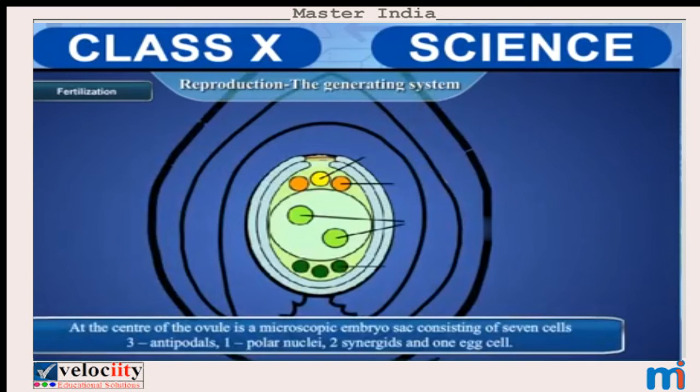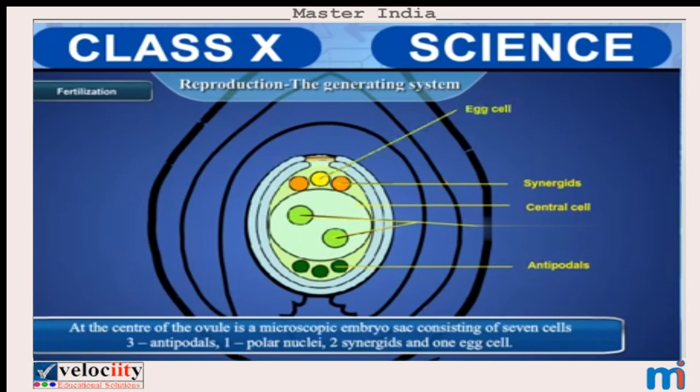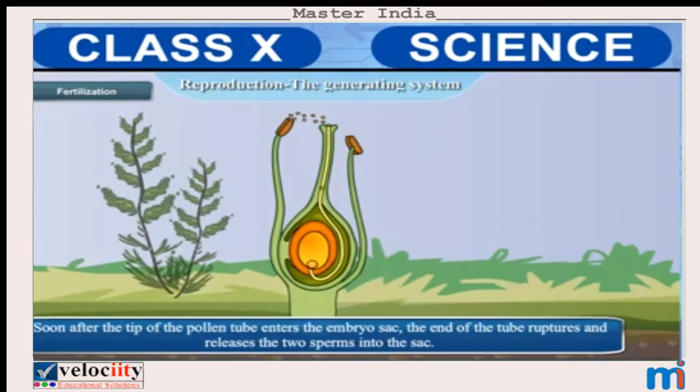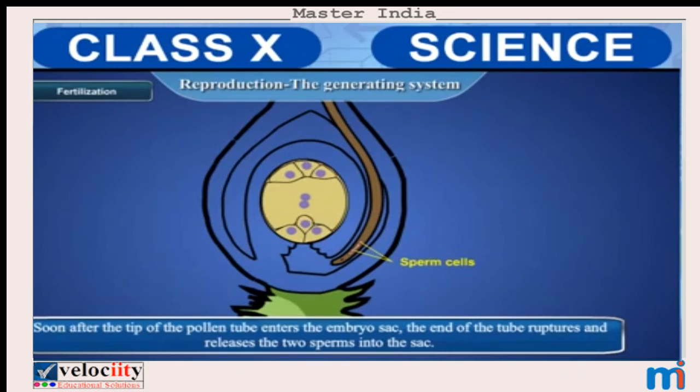At the center of the ovule is a microscopic embryo sac consisting of 7 cells: 3 antipodals, 1 cell with polar nuclei, 2 synergids, and 1 egg cell. Soon after the tip of the pollen tube enters the embryo sac, the end of the tube ruptures and releases the 2 sperms into the sac.